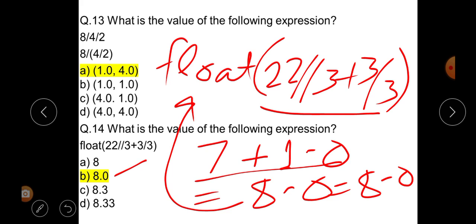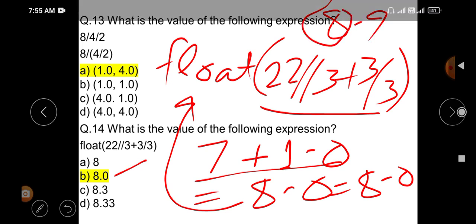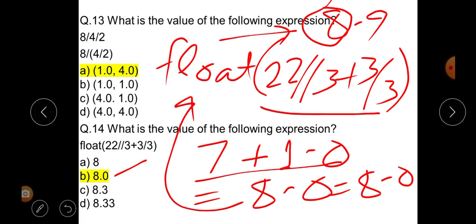But the floor division always returns the answer as an integer value. Whenever we get a float value like 8.9, only the integer part will be your answer. Whatever comes just after the decimal is always truncated. So that is the difference between the division and floor division operators.